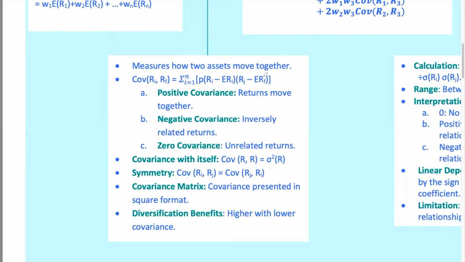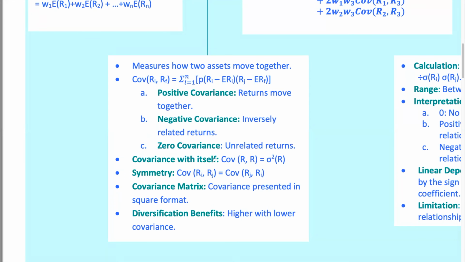In finance, this relationship helps us understand the risk and return dynamics between different assets. When investments move in the same direction, up together or down together, the covariance is positive. When investments move in opposite directions, one goes up, the other goes down, the covariance is negative. When there's no relationship between the returns, the covariance is 0.